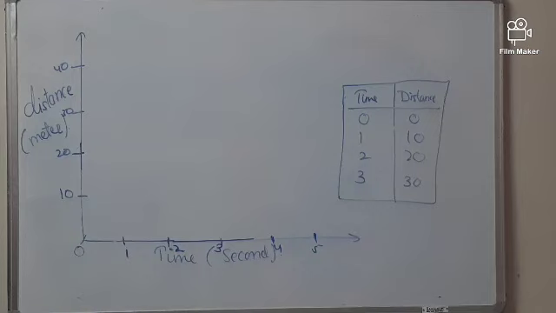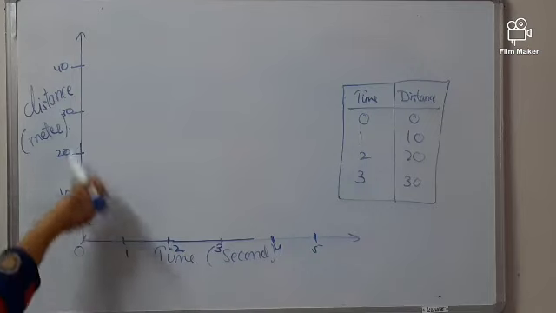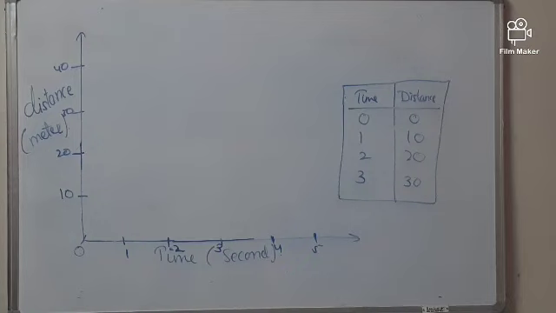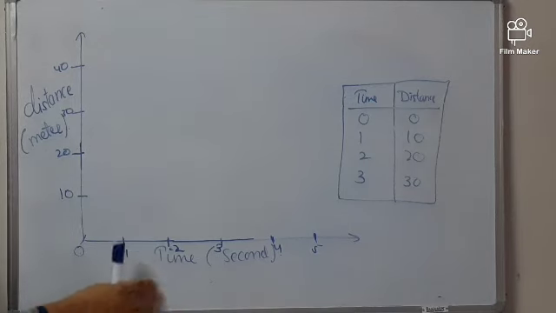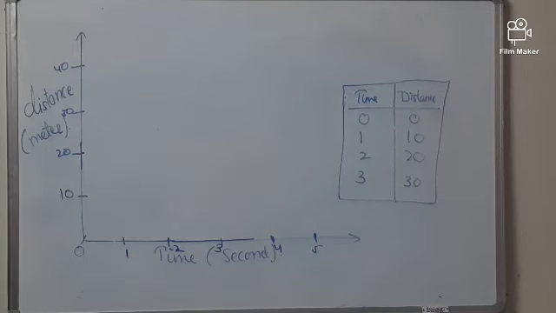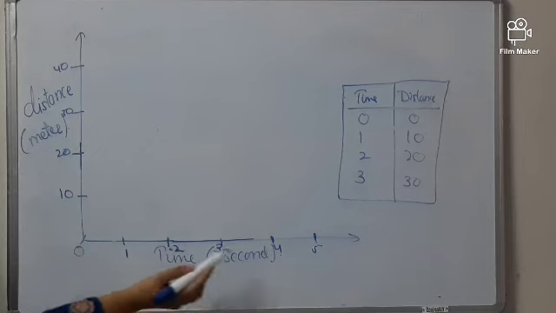Now let's draw it in the graph. First of all you have to label the axes. Remember one thing: time will be on the x-axis because it is the independent quantity, and distance on the y-axis because it depends on time, the dependent quantity. The second thing to keep in mind is that you must write the unit.